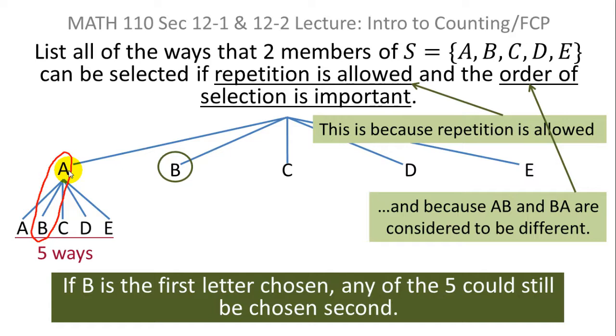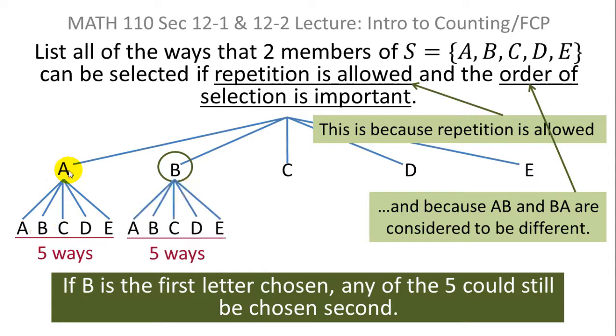And that's what the order of selection being important means for us. So the bottom line is I have a free choice of A, B, C, D, E again. I can choose B again because repetition is allowed, and I can choose A again because A, B and B, A are considered to be 2 different selections.